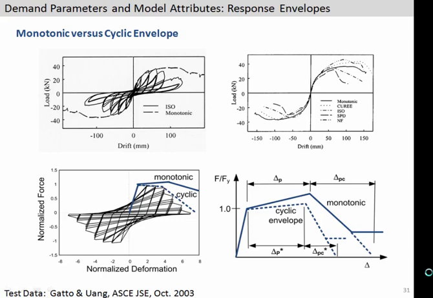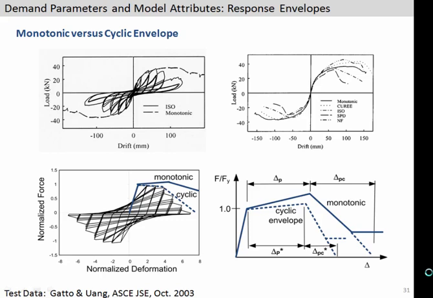That would be the curve that traces the envelope of response from a monotonic test. A cyclic envelope is one where you do a cyclic test and trace that same envelope. And as shown in the lower right, generally the monotonic will envelop the cyclic envelope, but understand also that the cyclic envelope really depends on what kind of cyclic loading protocol has been used to test a component.